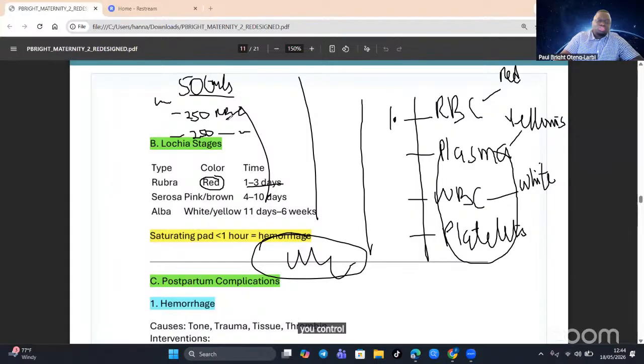As you control the red blood cells, the red blood cell level will go low. So let's say red blood cell is now 150, and these guys are 250.